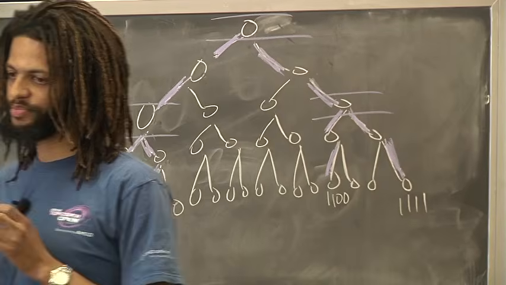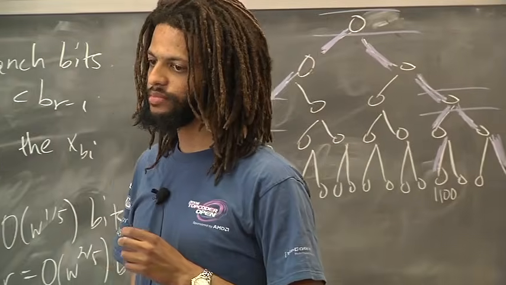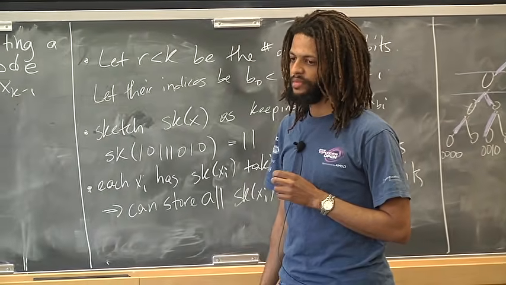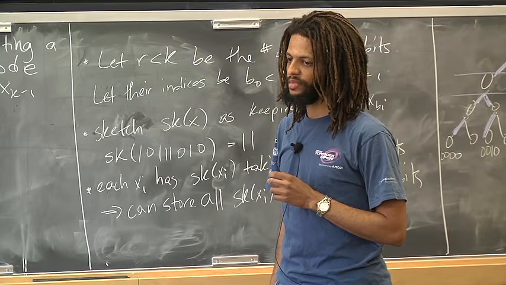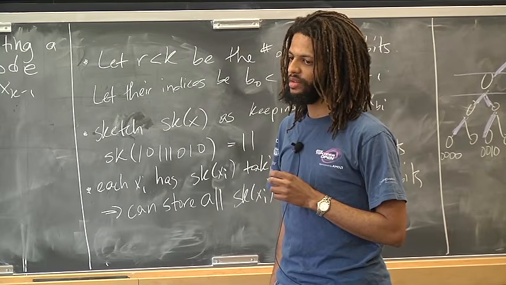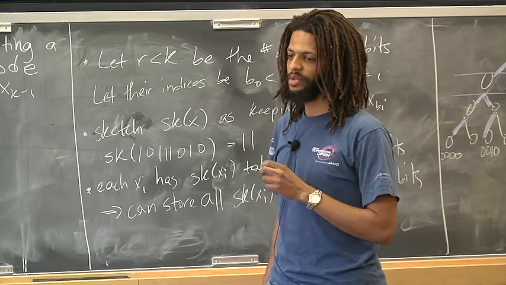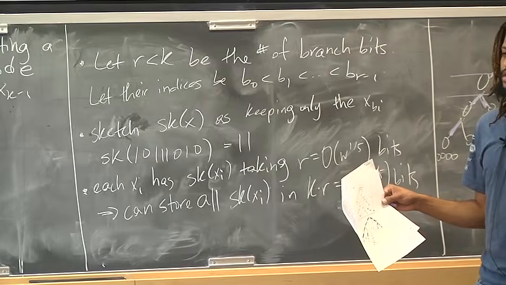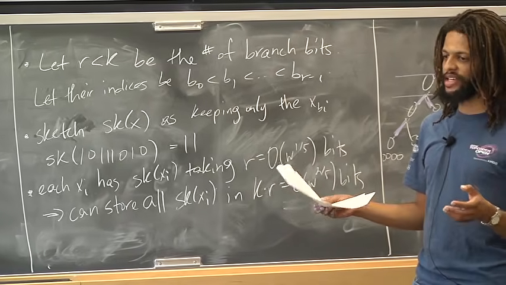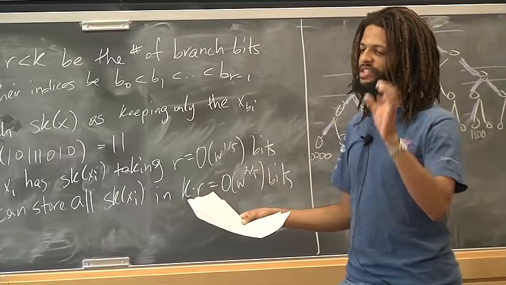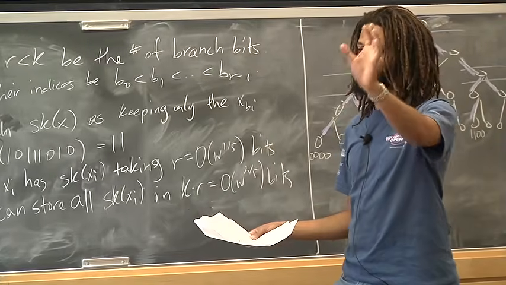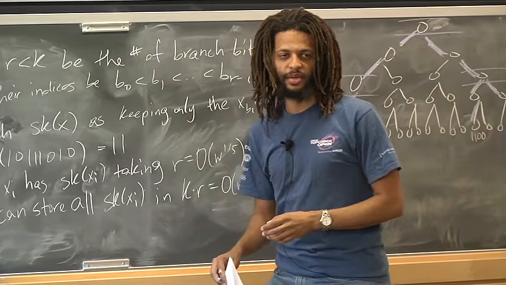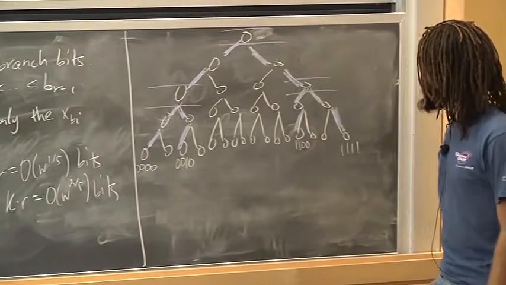So for x0, will you store the branch bits in which x0 is not involved at all? Yeah, you will. There's a set of branch bits which matter for that node, and all xi's in that node will be projected to those branch bits, even if it's not where xi itself branched. Does that answer your question? Yeah. Thank you.